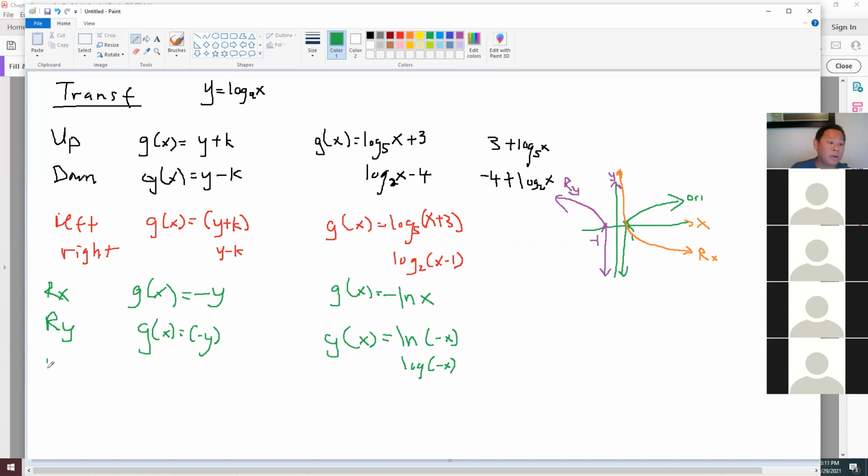And as usual, we can have both. When you have both, it means you have a negative and another negative, in and out. So if you have something like this, it's both. And how do we do both in this case?